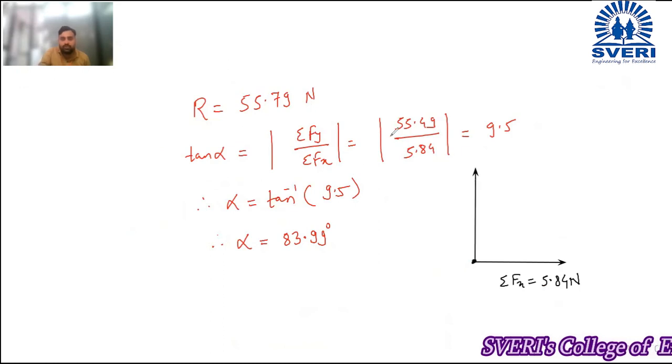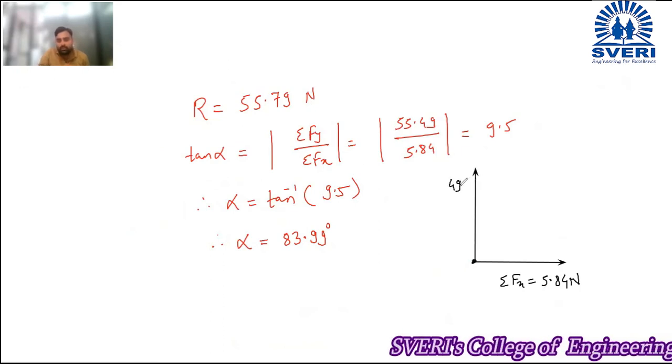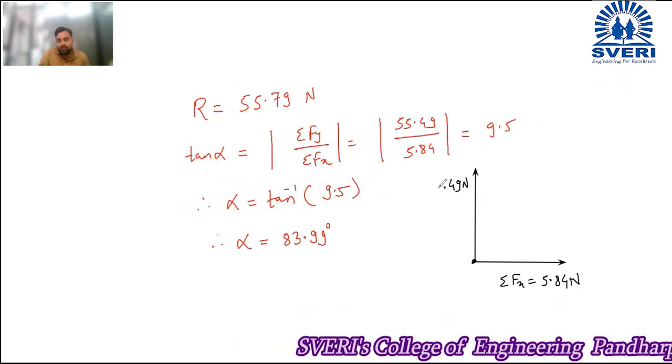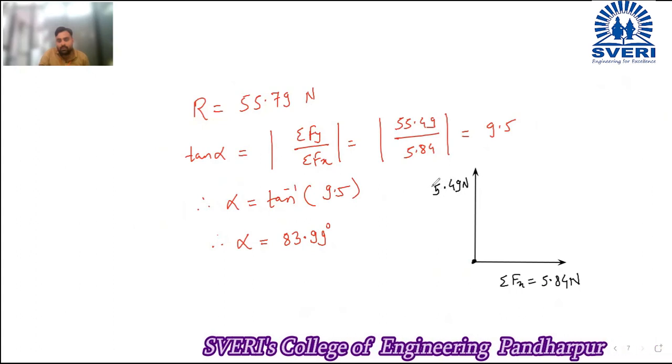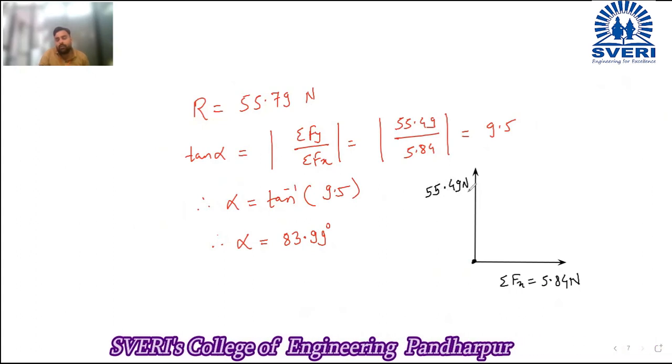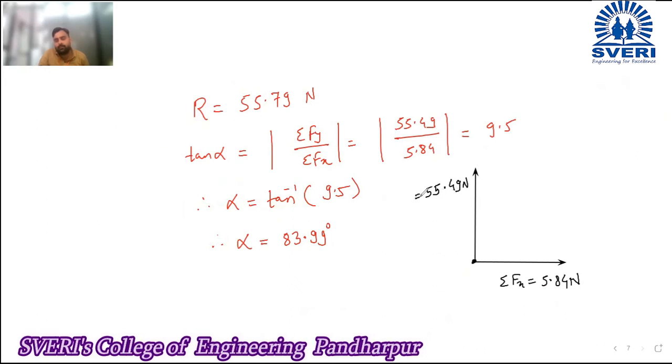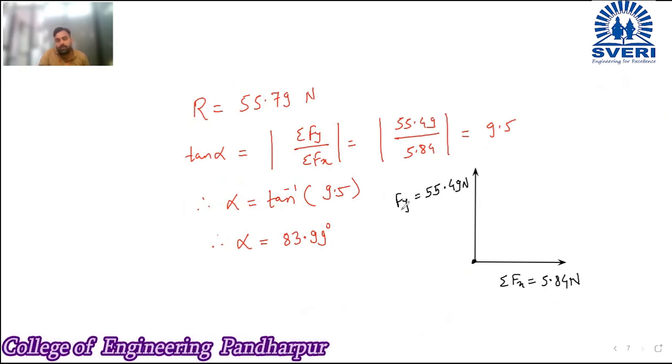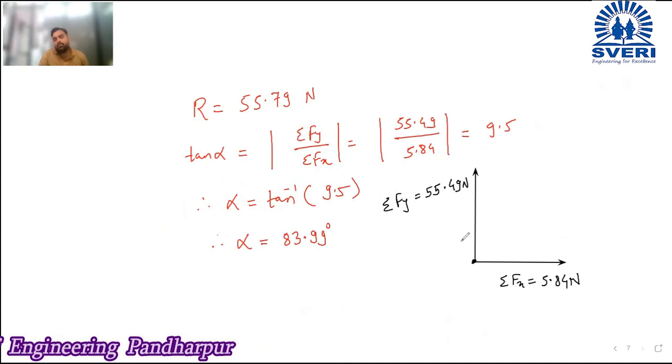So this is our 55.49 Newton, which is summation Fy.